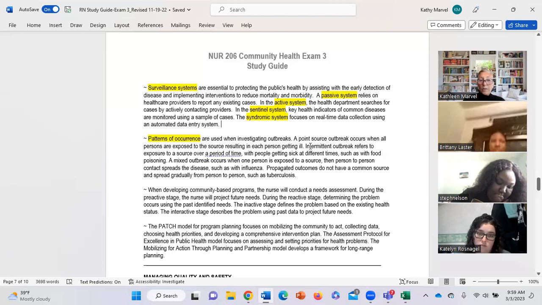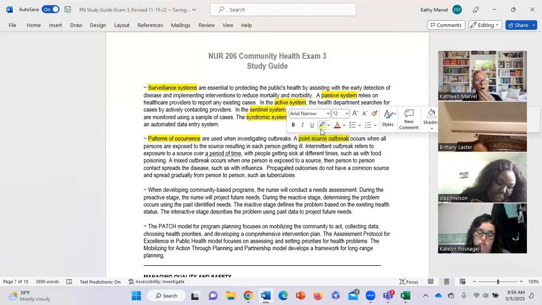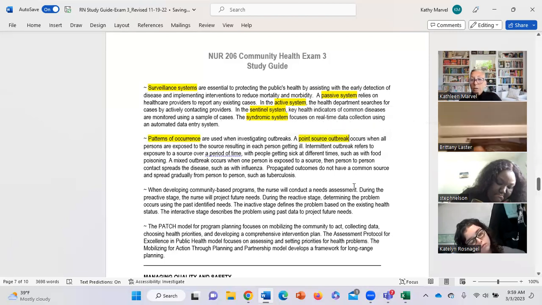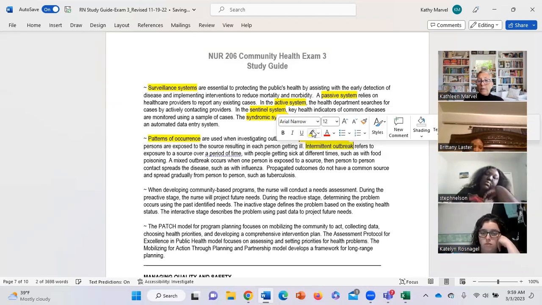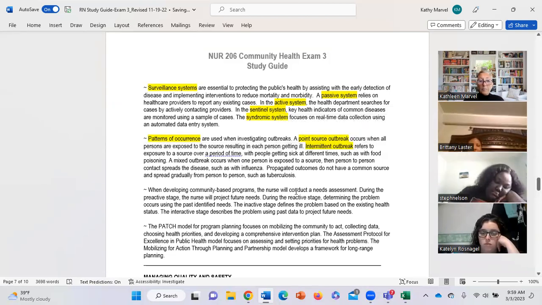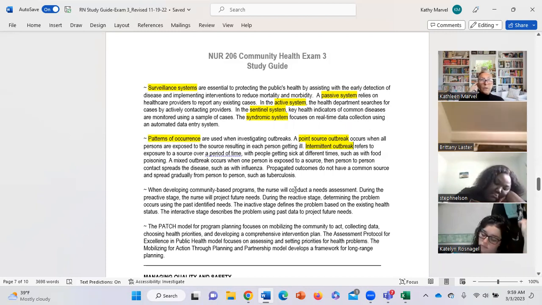Patterns of occurrence. How did it happen? Several. There's a point source outbreak, which is essentially we're all on a train together and there's some kind of chemical exposure. We all get sick together. And then an intermittent outbreak. That would be like a food poisoning over a day or so.